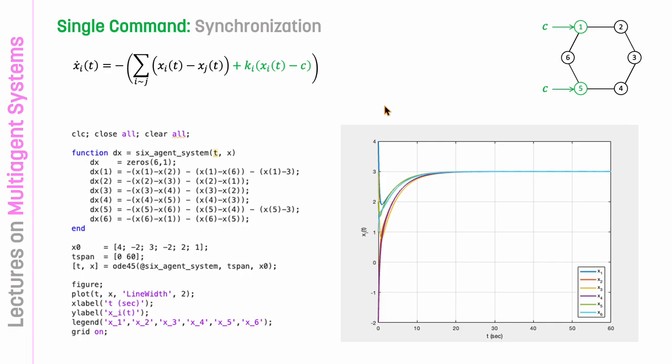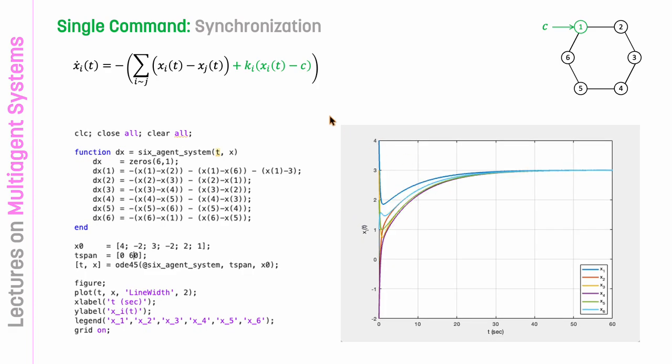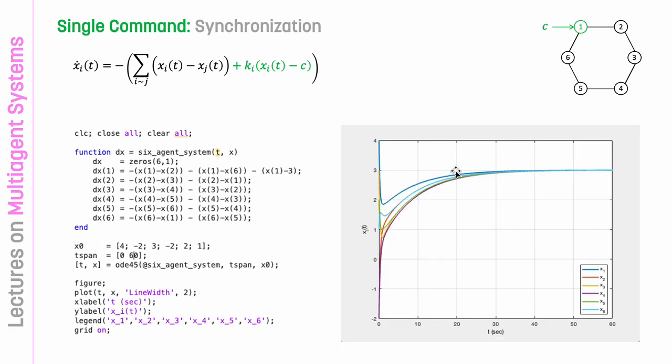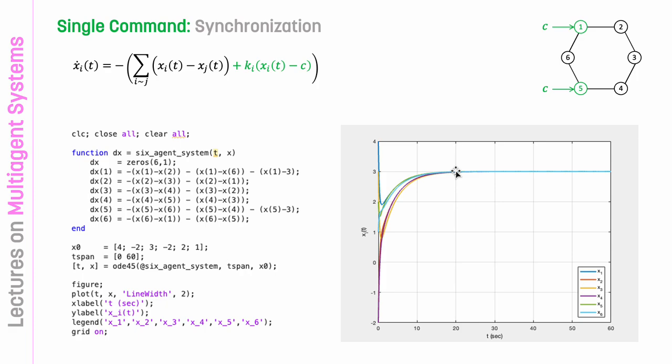Now, if you insert the same command to more than one agent, like in this case, K1 is 1, K5 is 1, that's why you see this x1 minus 3, x5 minus 3, C is 3, this command. Agents converge to that command faster as compared to one agent. In this case, 2 agents are the leaders, so convergence is faster since more agents know the external command.